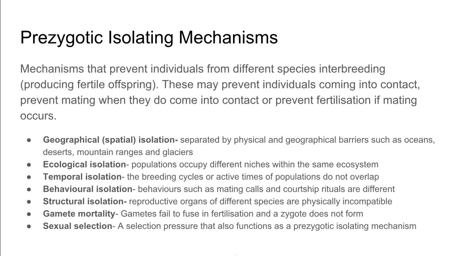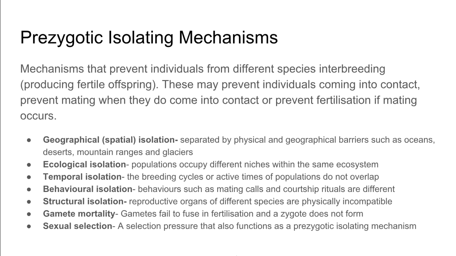So there's geographical isolation, where species are separated by physical and geographical barriers such as oceans, deserts, mountain ranges, and glaciers. Ecological isolation, where populations occupy different niches within the same ecosystem. Temporal isolation, where the breeding cycles or active times of populations do not overlap.